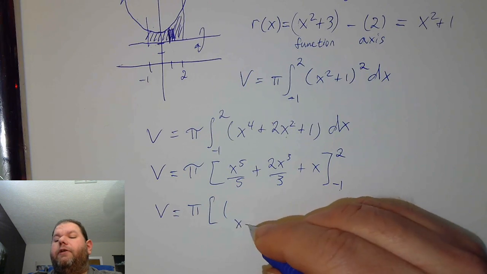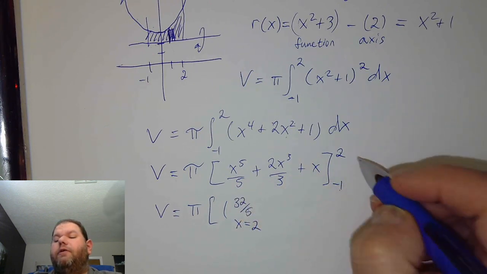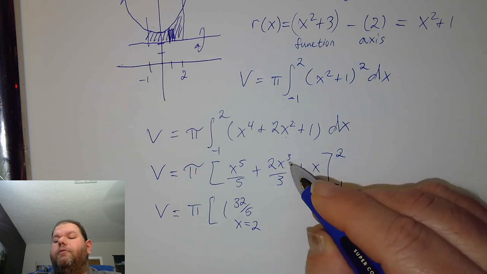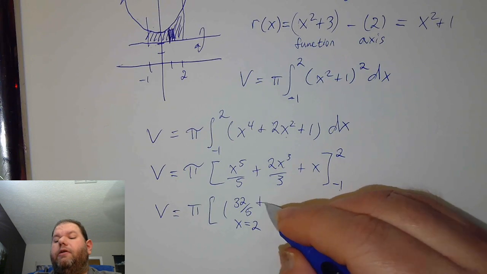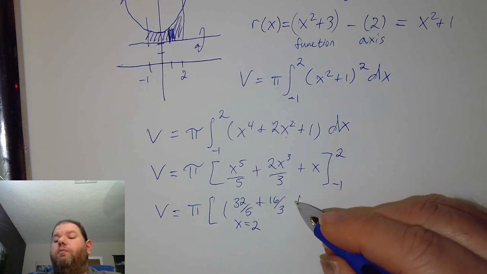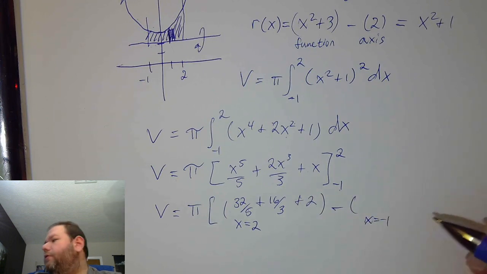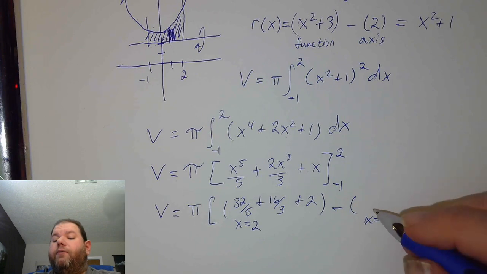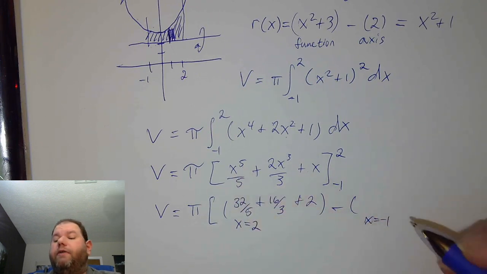So plugging in x equals 2 first gives us 32 over 5. 2 to the 3rd power is 8, times 2 is 16 over 3. And 2. Then for x equals negative 1, negative 1 to the 5th is negative 1 over 5.